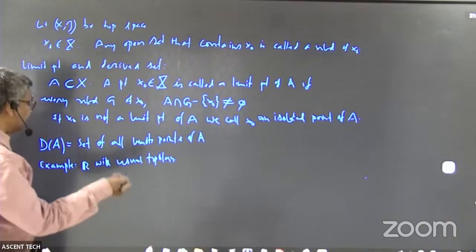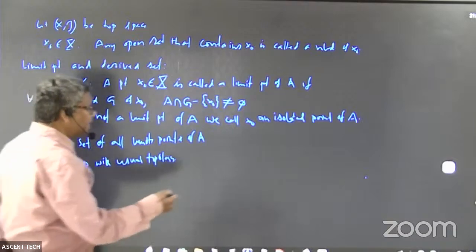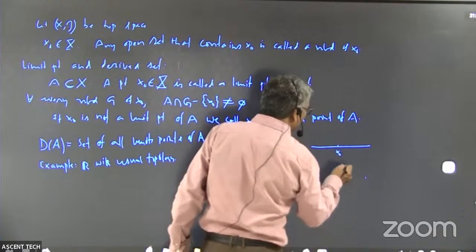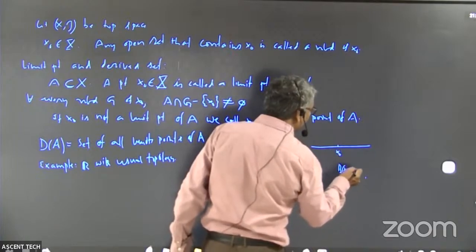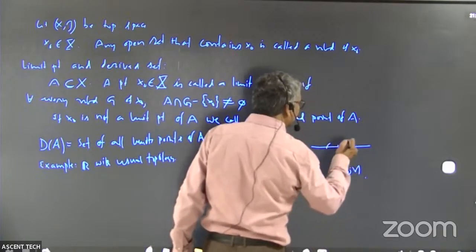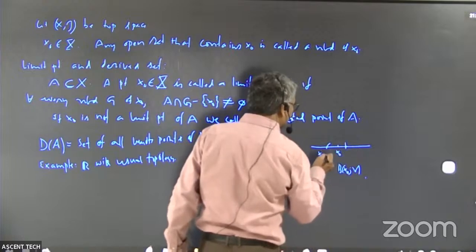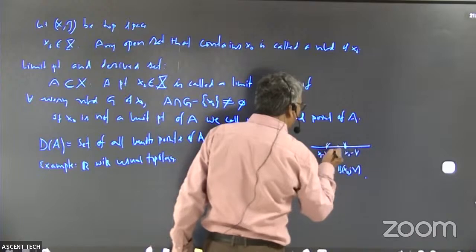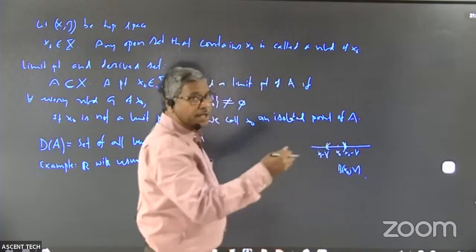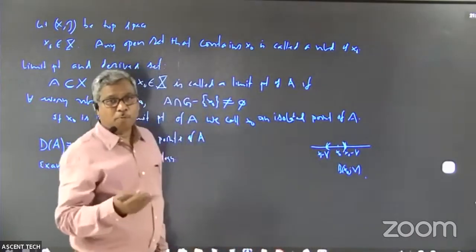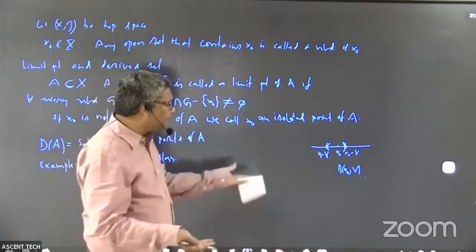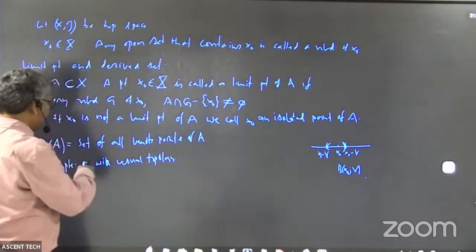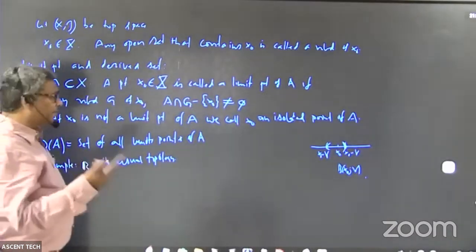So this is generated by all balls centered on R. If I take any point x naught, B(x naught, r) is just a small interval around it, x naught minus r to x naught plus r. All such open intervals make up the basis for the topology in R. So open sets in R are unions of open intervals in R.